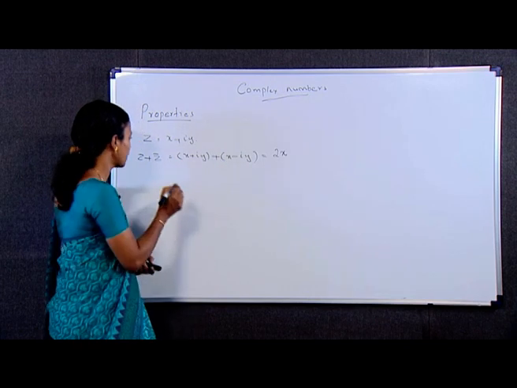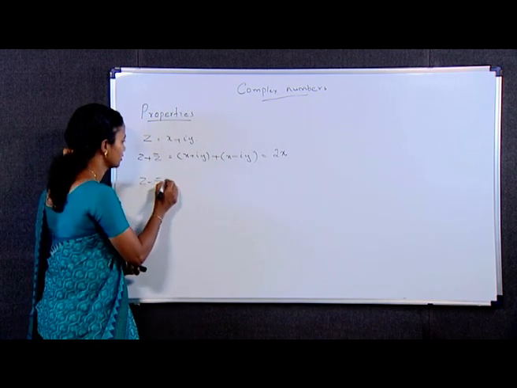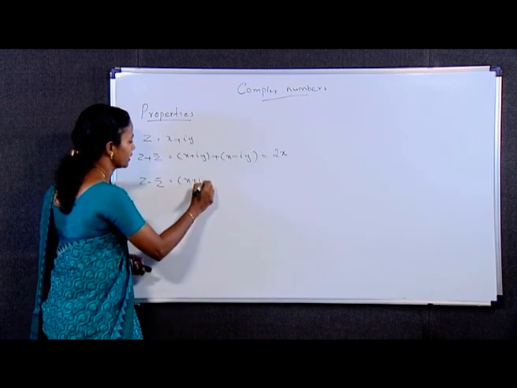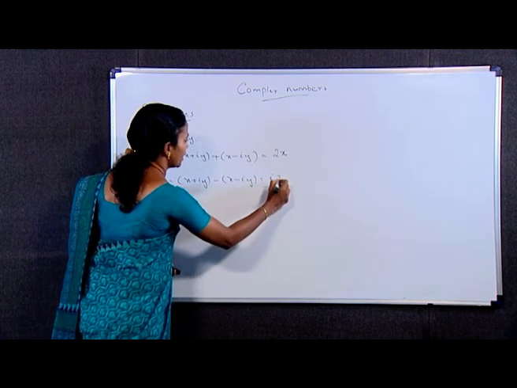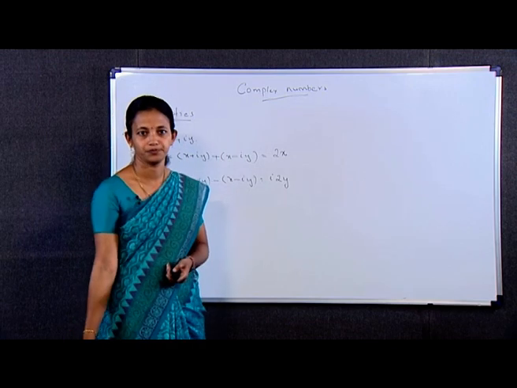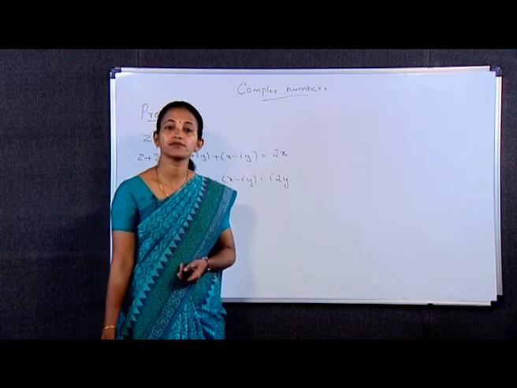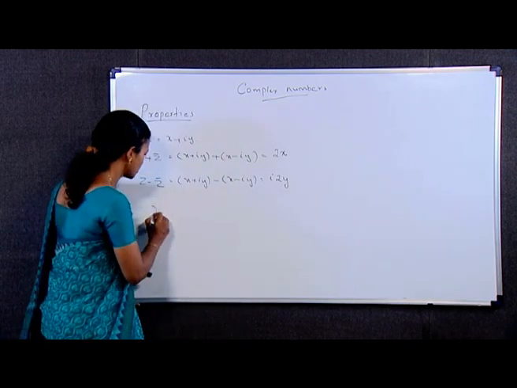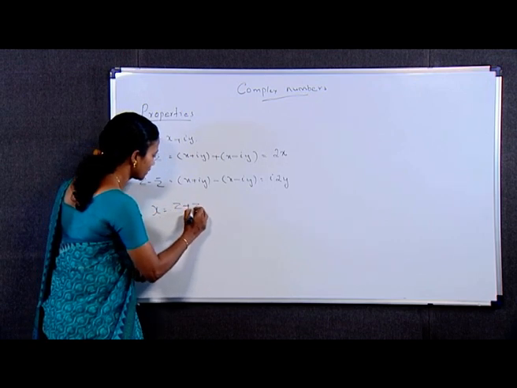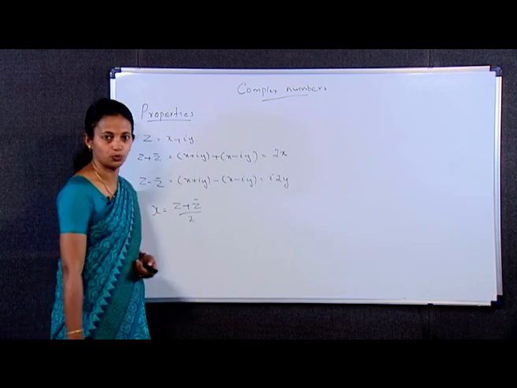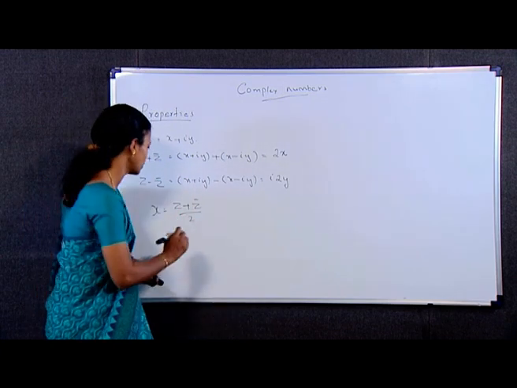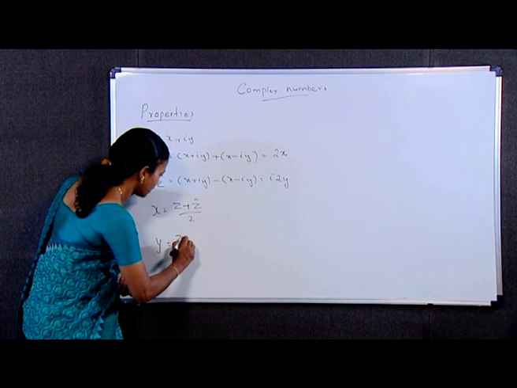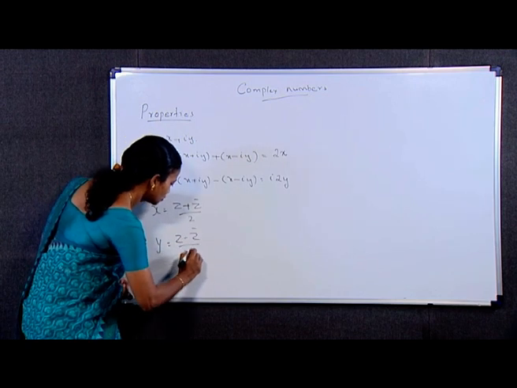And z - z bar = x + iy - x + iy, which is equal to 2iy. Hence the real part of z, that is x, we can write as (z + z bar) by 2, and the imaginary part of z, which is y, is (z - z bar) by 2i.